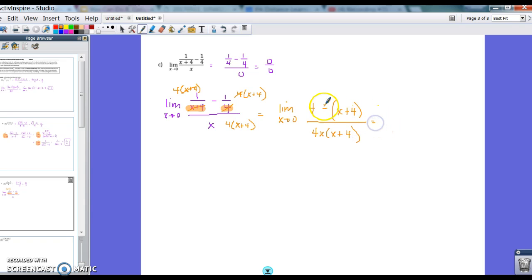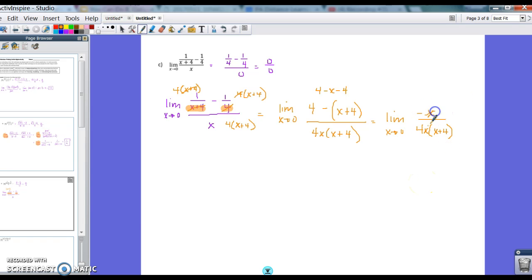So if I go ahead and distribute that negative, that gives me 4 minus x minus 4. And then the 4 and the minus 4 add to 0, so that leaves me with the limit as x goes to 0 of negative x over 4x times x plus 4.